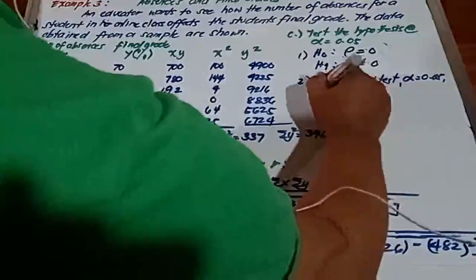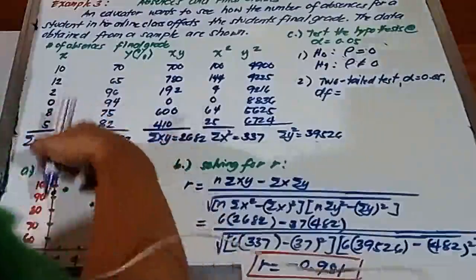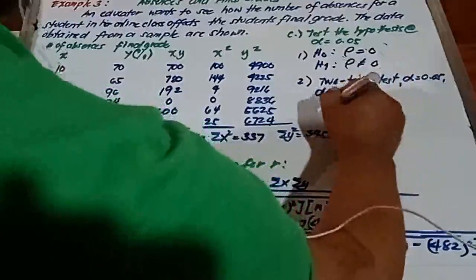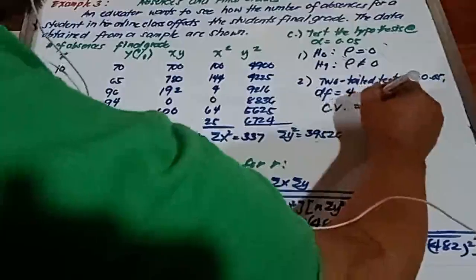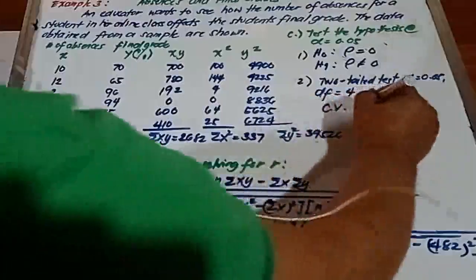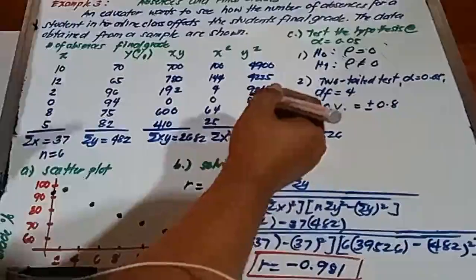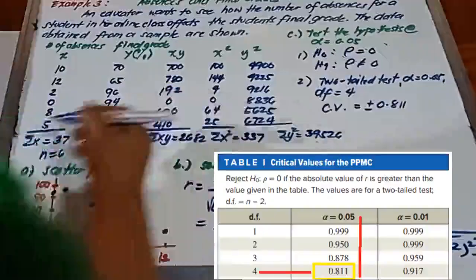And we have, kasunod doon, kunin natin yung critical value. Two-tailed, and then alpha equals 0.05, and degrees of freedom is 6 minus 2, so 4 pa rin. Ang critical value natin dito is, kagaya nung second example, that is 0.811. Okay.